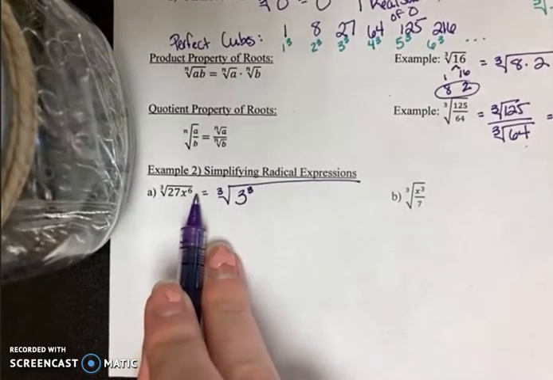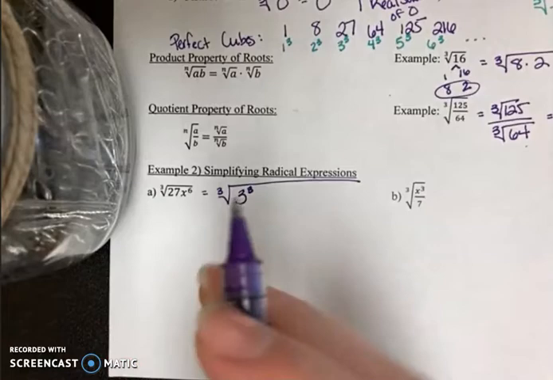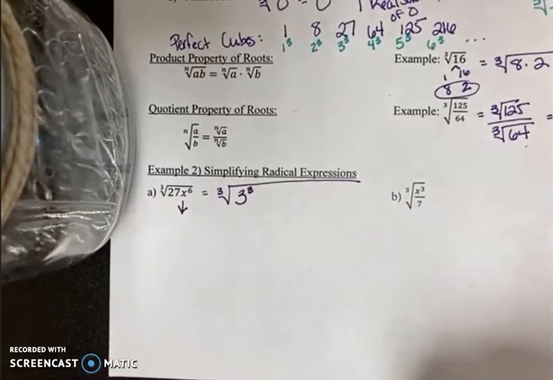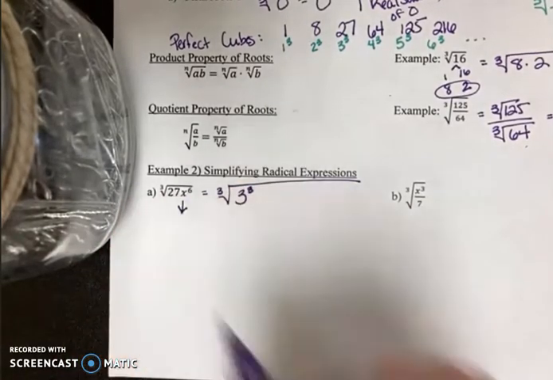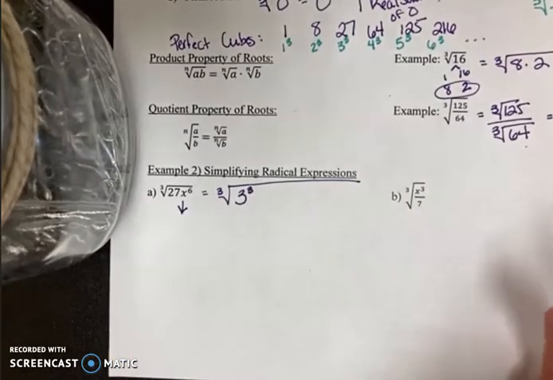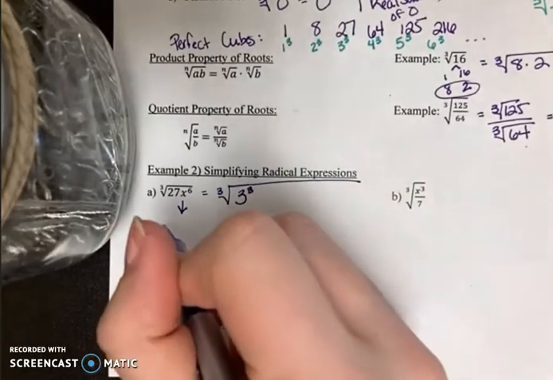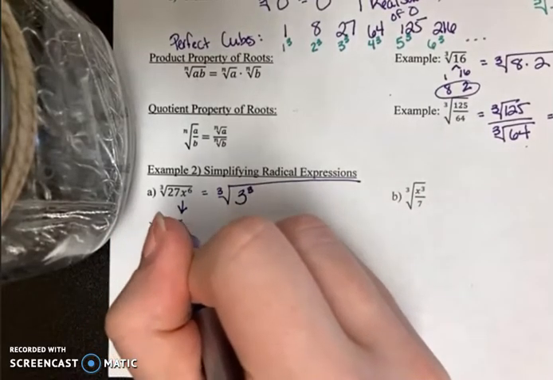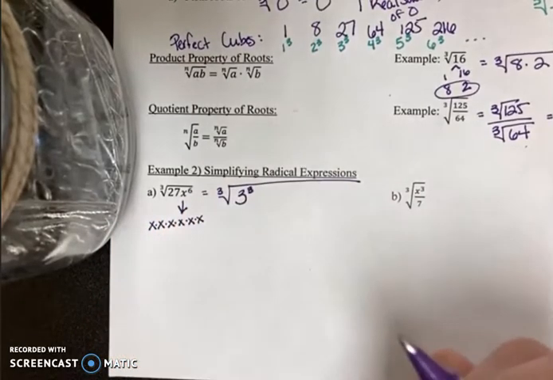X to the 6th power, we can rewrite as perfect cubes. So x to the 6th power is x times itself 6 times. So I have x times x times x times x times x times x.